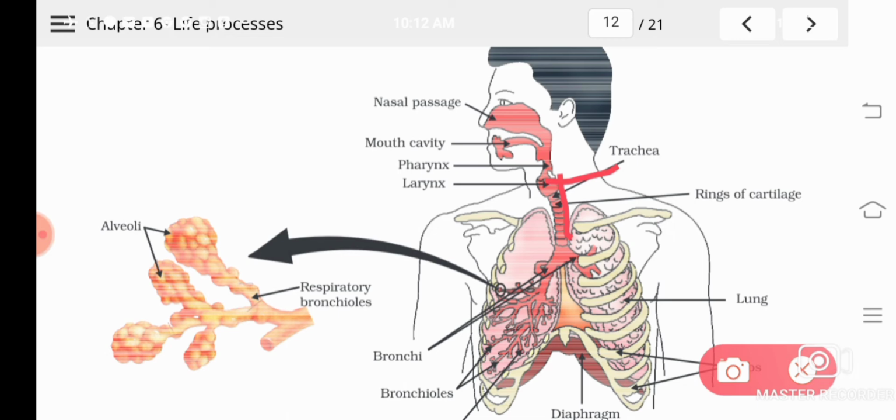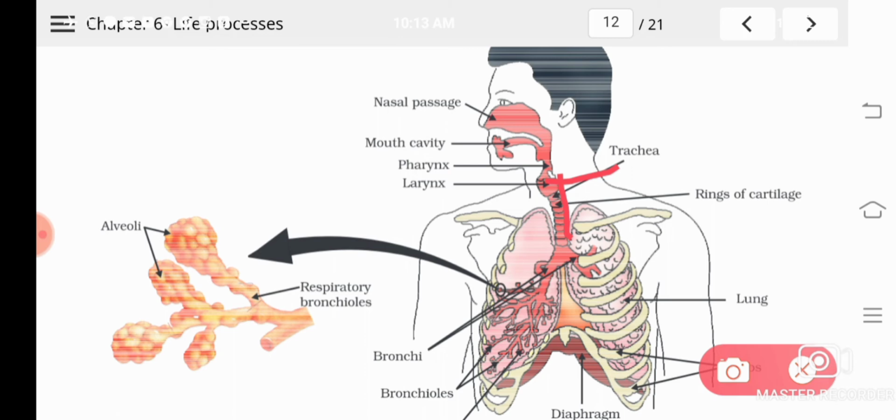The shape of your mouth or the position of your tongue is different for different alphabets when you speak. That controls the air going into the larynx, and the vocal cords vibrate and make the sound.